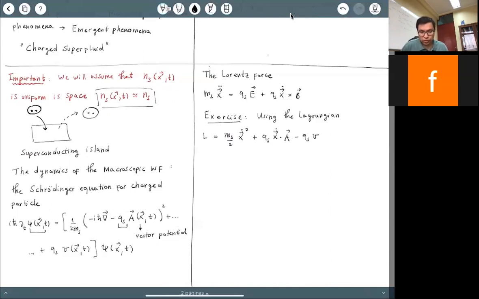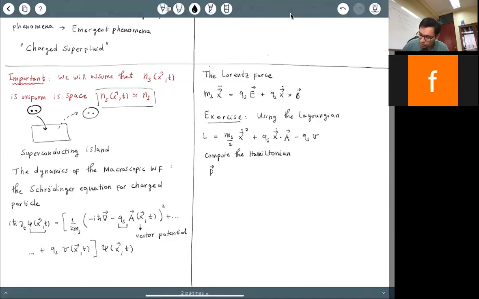You may compute the Hamiltonian of the system, and then you can really prove that this is the momentum of a single particle.